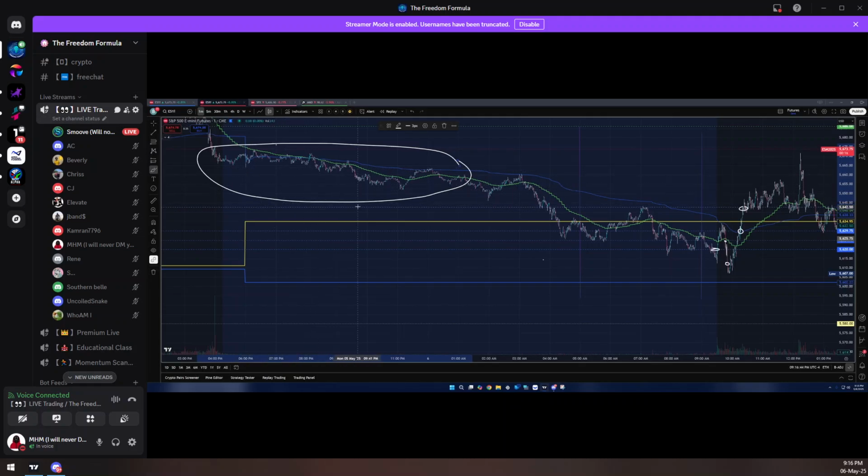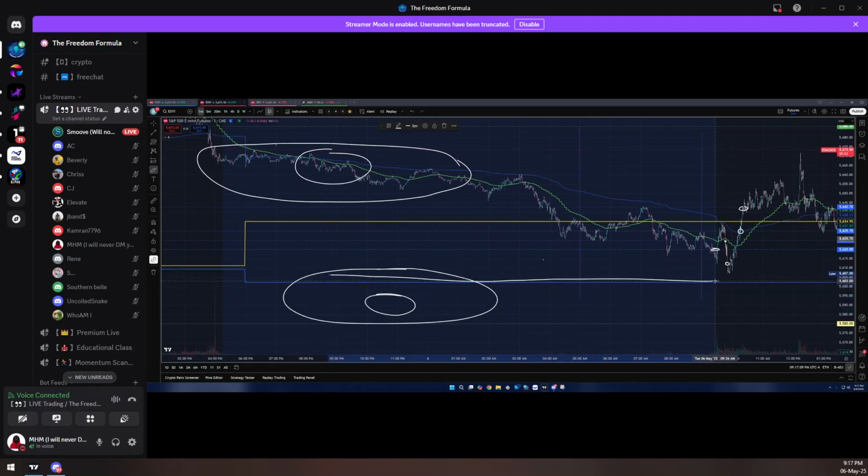And this area does 2 things. First, it will be either your overhead supply or your resistance. So your major resistance is up above, or it'll be your major support below. So Asia either will be the high at open, or it would be the low at open.